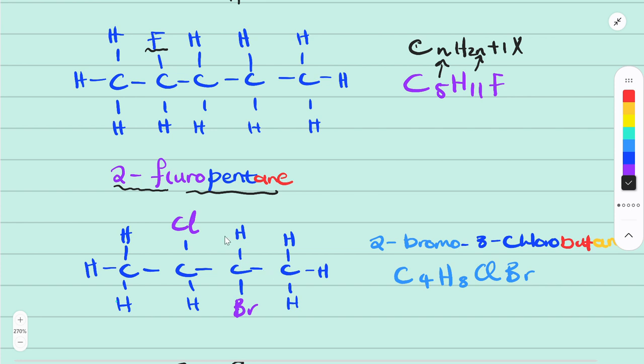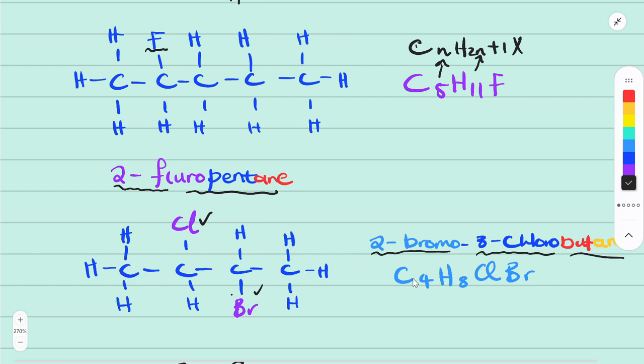Now let's look at the case where you have two different halogens. In these molecules, we can have two of the halogens, or three, or four. Here we have a chlorine and a bromine, so this is 2-bromo-3-chlorobutane.